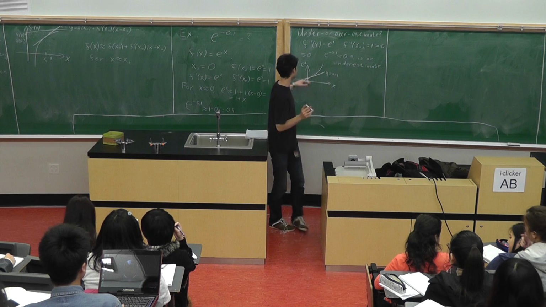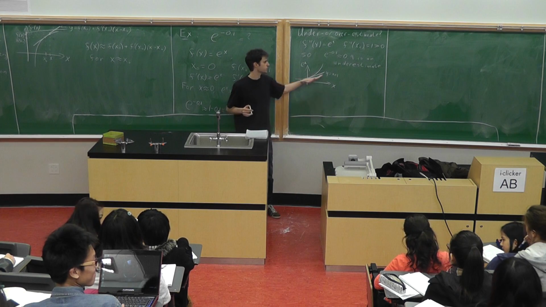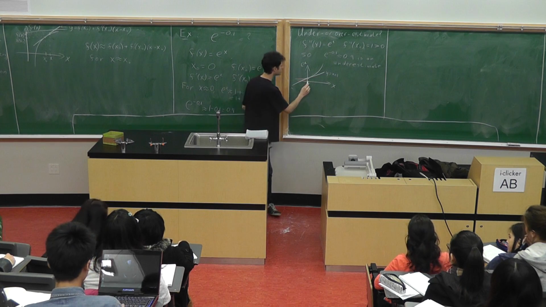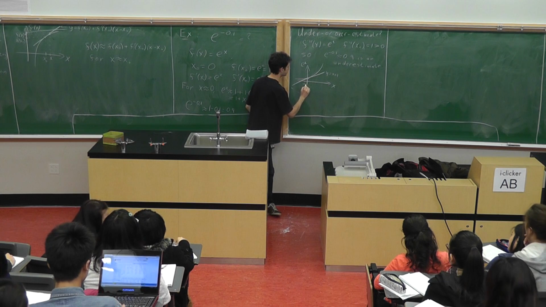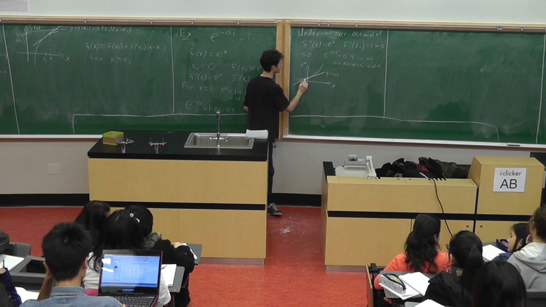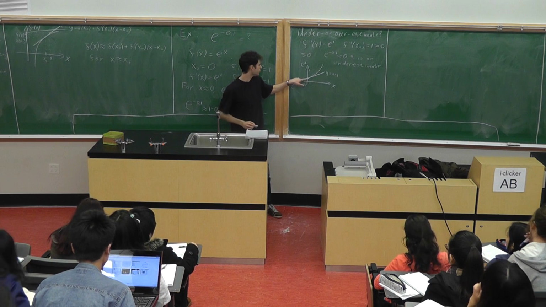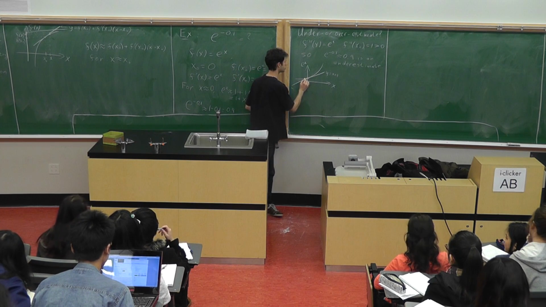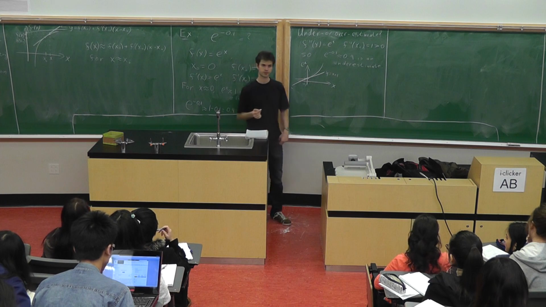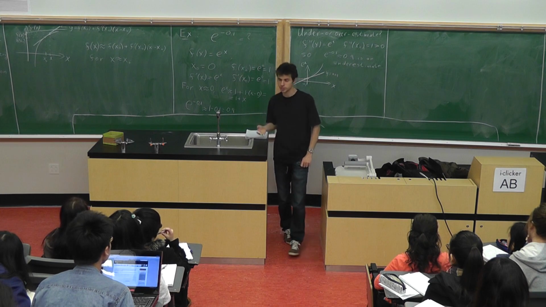We tried to plug in the point minus 0.1, and we found that the line gives 0.9 here, and the actual value is a little bit larger. I hope it's not by much.